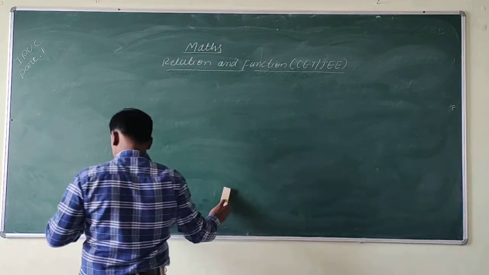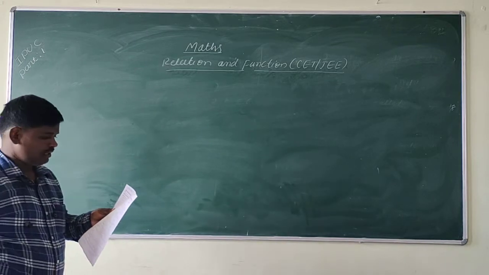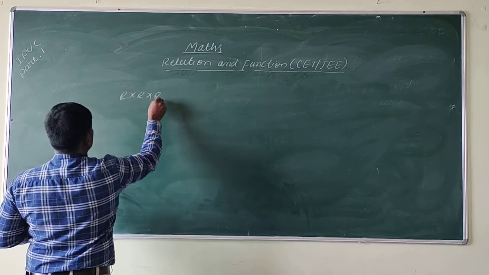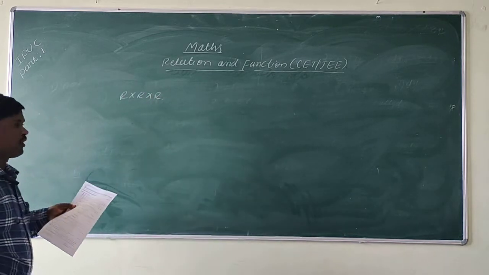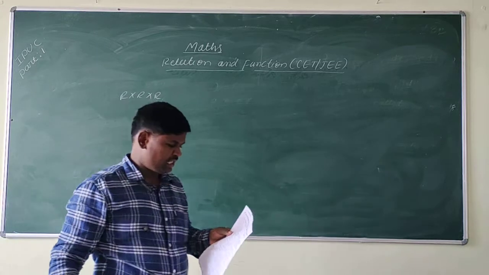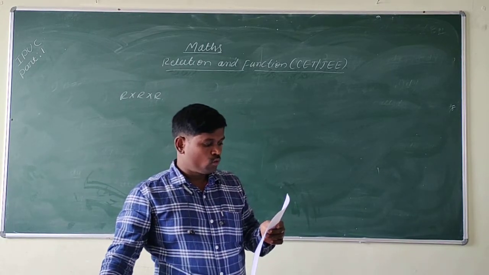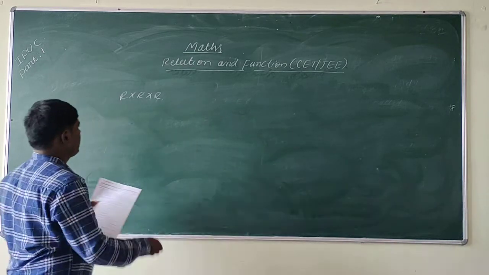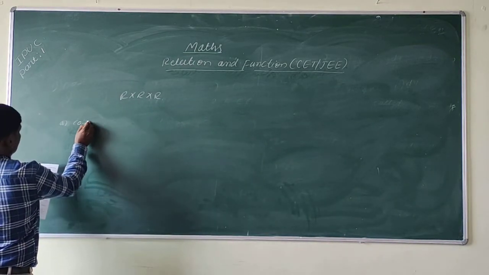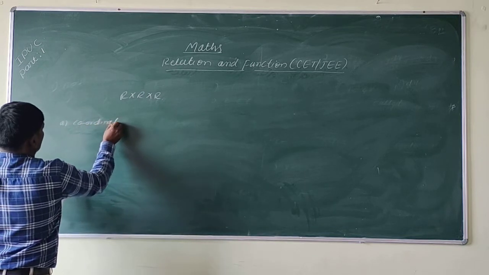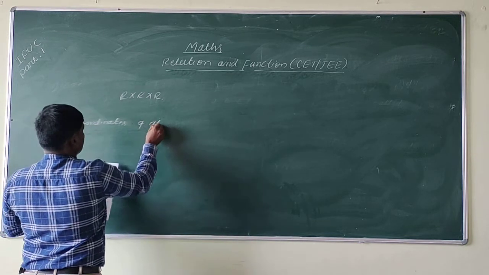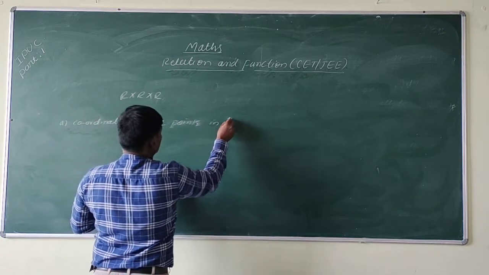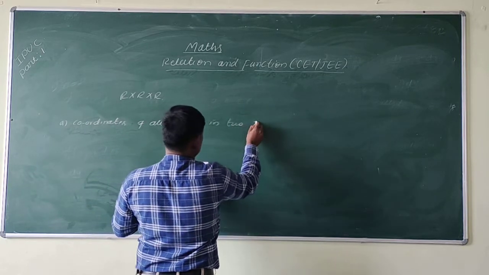Question number 4. If R is the set of all real numbers, then the Cartesian product R cross R cross R represents. Option A: coordinates of all points in two-dimensional space, in 2D.